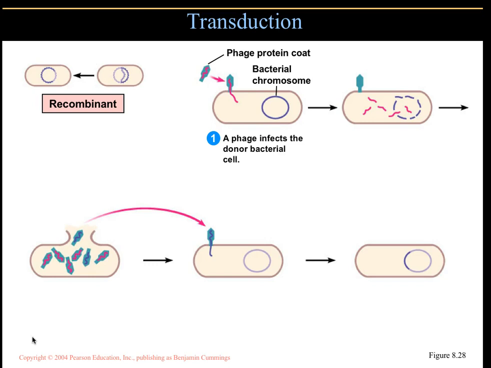Since bacteria only have one chromosome, it's very easy for the viruses to destroy that one chromosome, break it up into non-functional pieces so that the viral DNA can take over the cell and make lots of copies of itself. And once it's used up all the energy of the cell, it kills it, breaks it open, and releases hundreds and hundreds of new viruses.